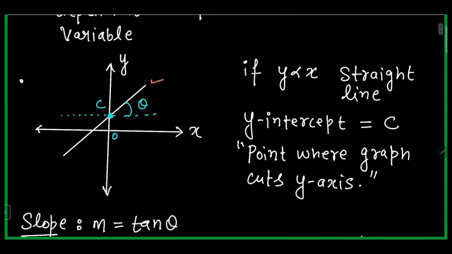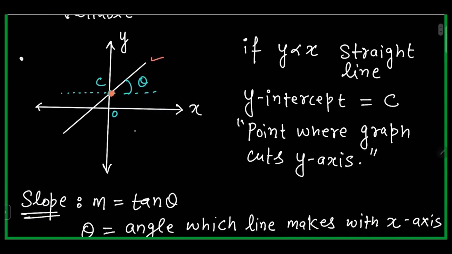Y-intercept is known as the point where your graph actually cuts the y-axis. If you see, your graph is cutting the y-axis at this point. So this point is known as y-intercept. Or you can also say that it is the value of y when x is 0.